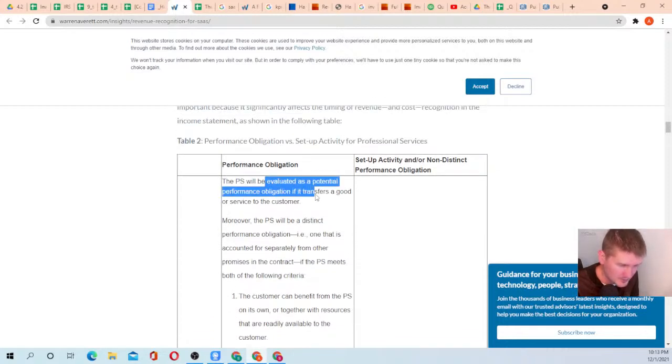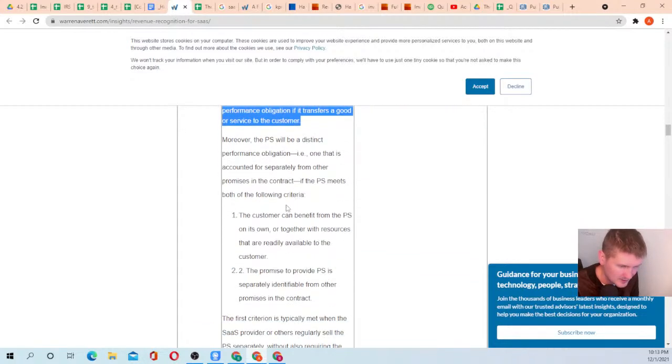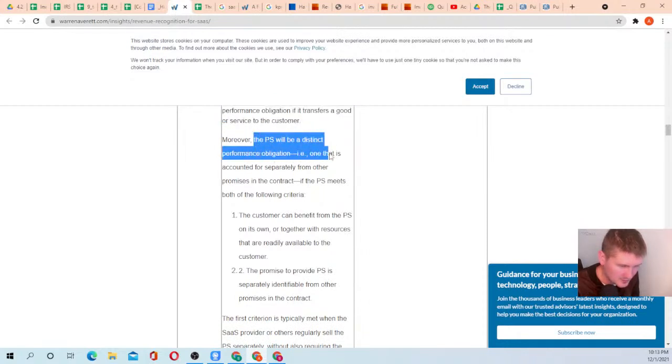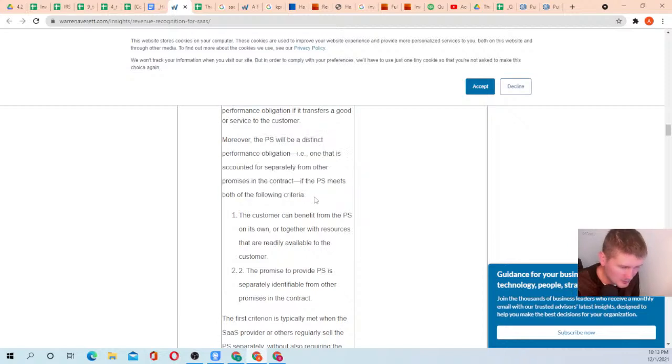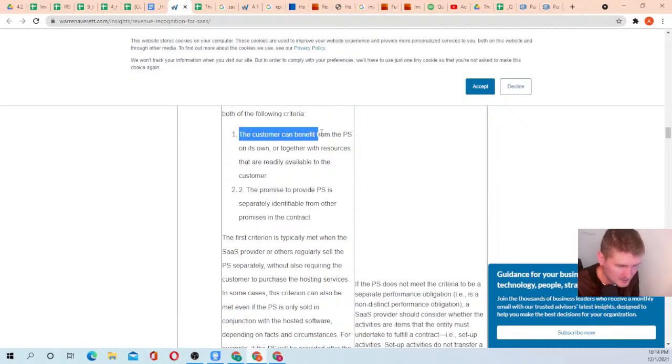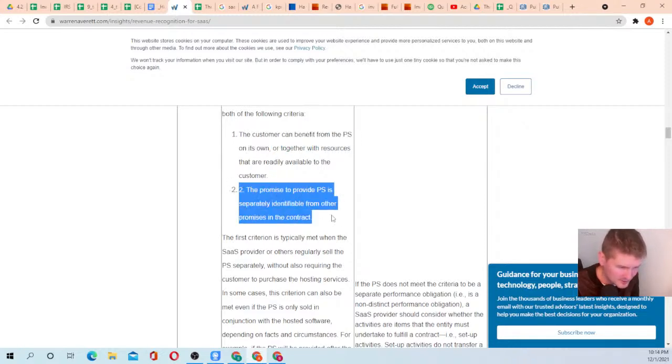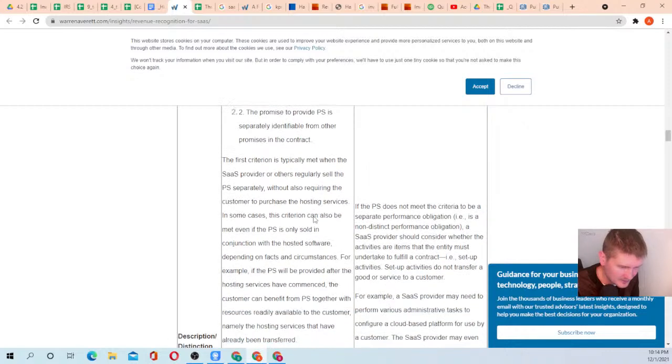Professional service will be evaluated as a potential performance obligation if it transfers a good or service to the customer. The professional service might be a distinct performance obligation if it meets both of the following criteria. The customer can benefit on its own. The promise to provide professional service is separately identifiable.